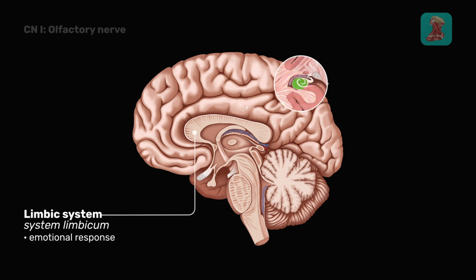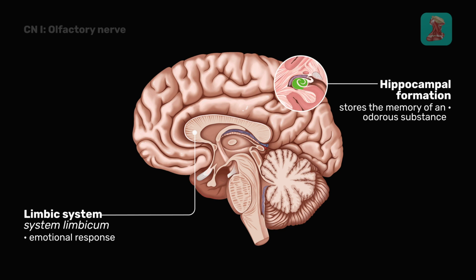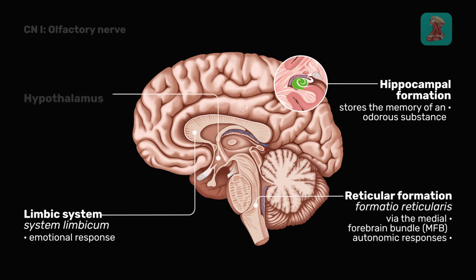For example, the hippocampal formation, which stores the memory of an odorous substance and associates it with certain emotions. Or to the brainstem via the medial forebrain bundle, MFB, namely into the reticular formation that triggers autonomic responses involved in appetite, salivation, nausea, and gastric contraction. As a result, all these fibers form a complex network that interconnects different parts of the cortex and brainstem.